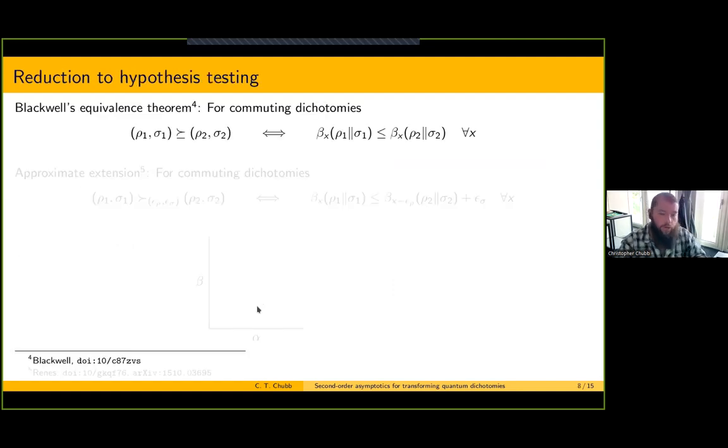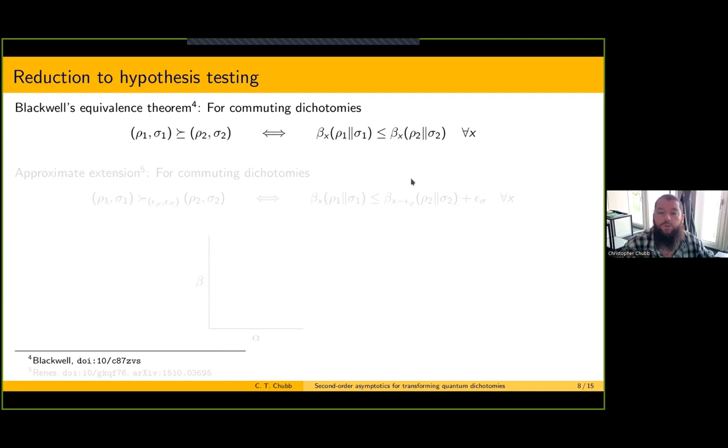So the really nice thing is not only can we define these two sort of tasks on the level of quantum dichotomies, but they're actually strongly related. So for the case of commuting dichotomies, so essentially classically, there's something called Blackwell's equivalence theorem, which states that I can transform from one dichotomy to another if and only if the beta curve of the output lies above the beta curve of the input.